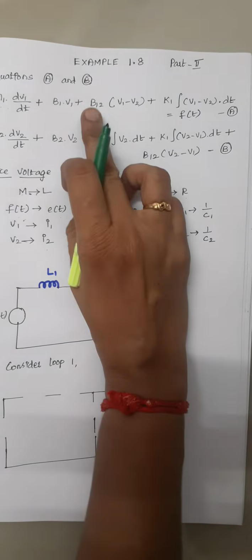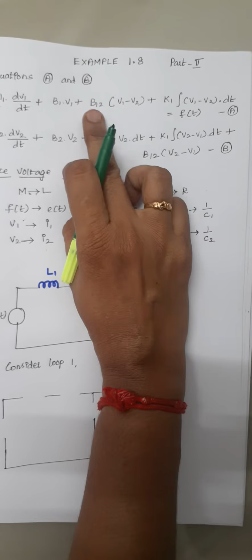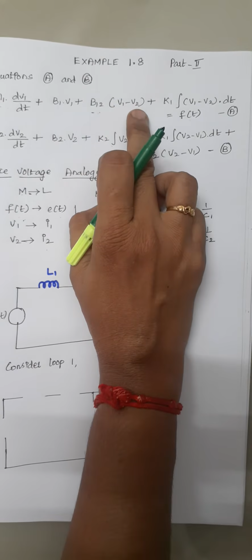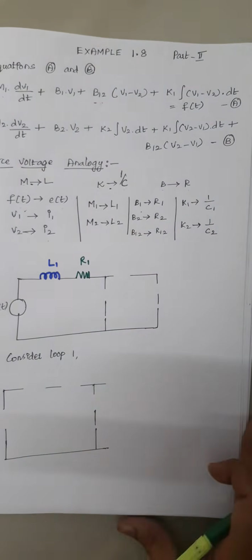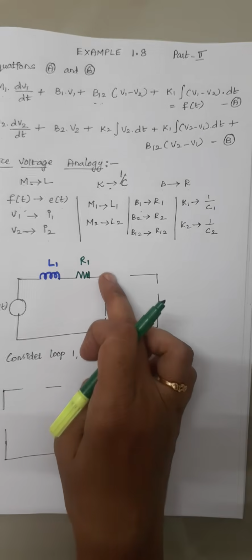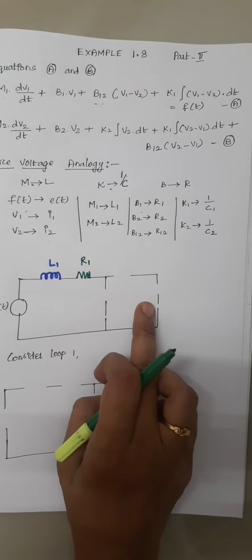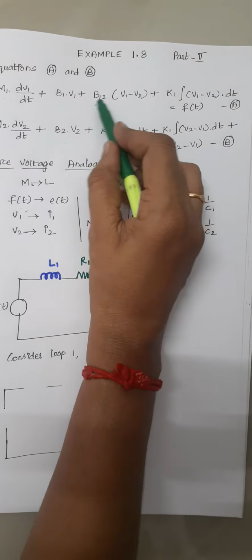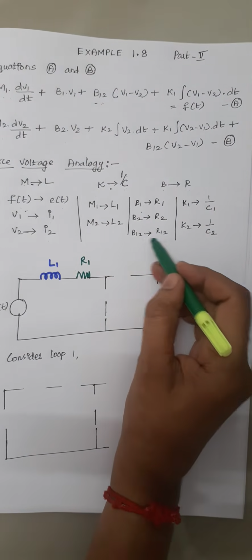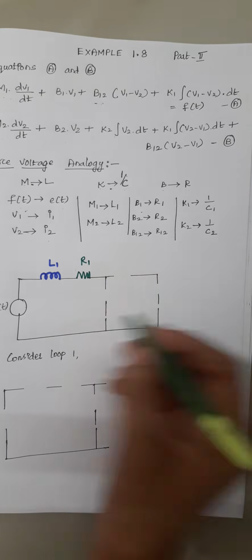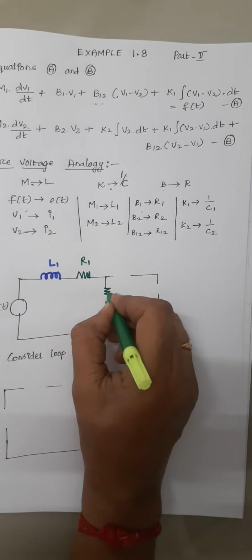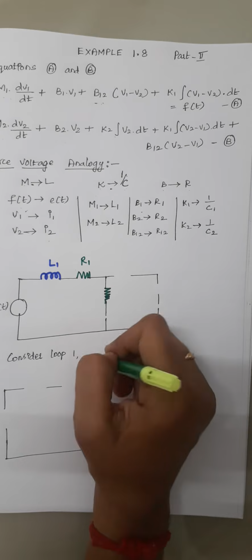And the next term is B12. This is common to both V1 and V2, right? So this is the part of the loop which is common to your loop 1 and loop 2. Here we have B12, which is represented as R12. So just draw R12 in the common part.